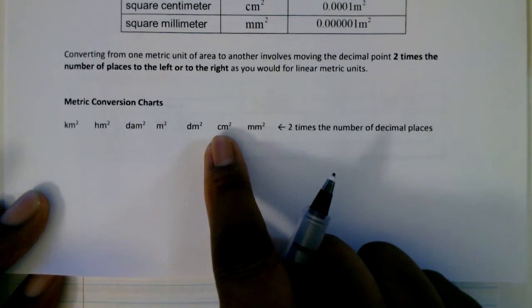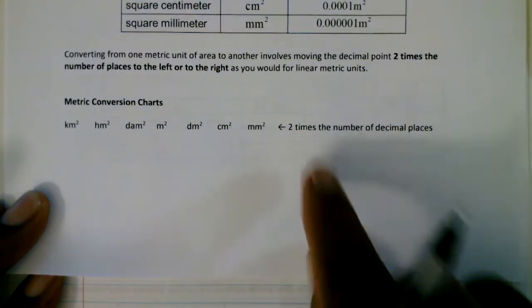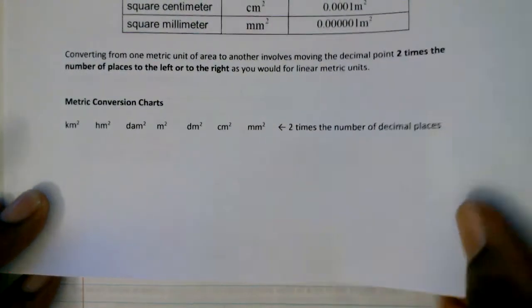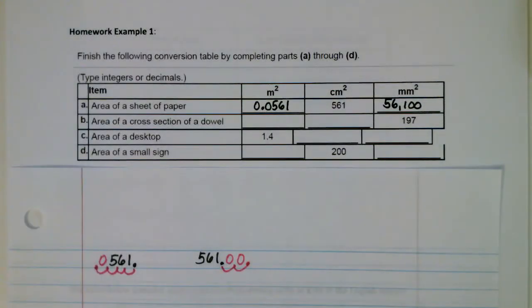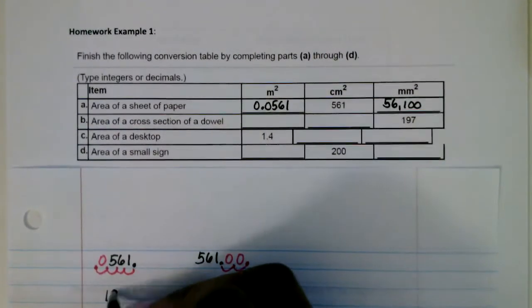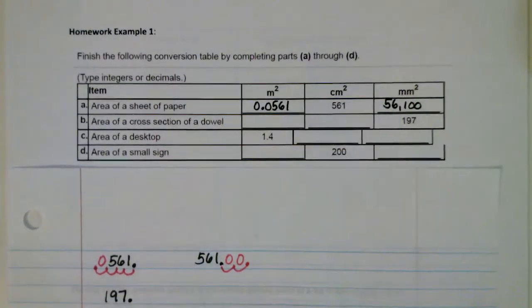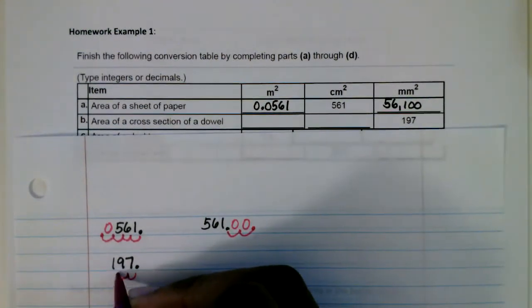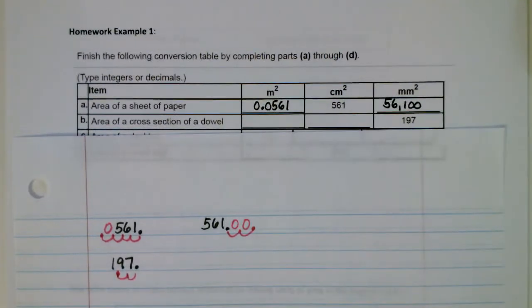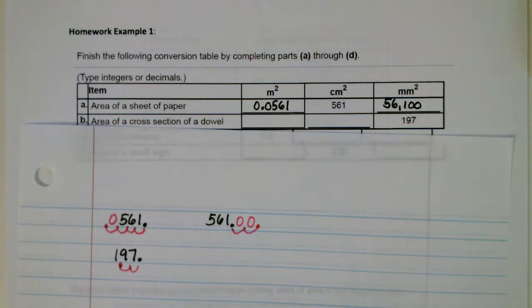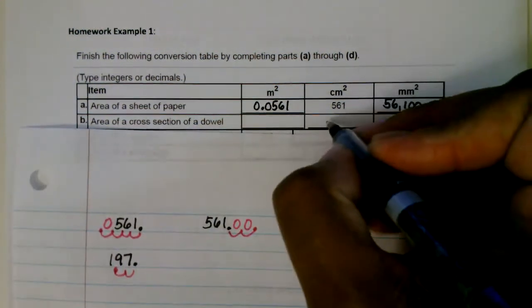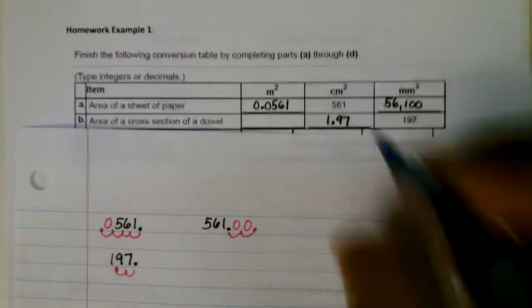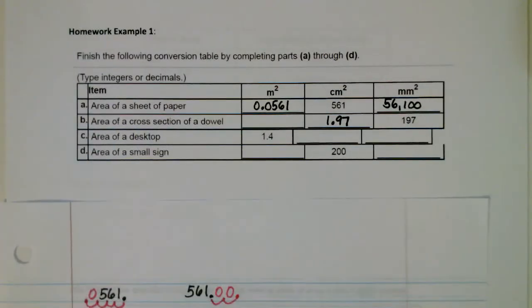Normally you move the decimal point 1 place to the left, but it's got to be 2 times that, so 2 times 1, which is 2. In 197, we need to move the decimal point, which is right here, 2 places to the left. So in this case, it will be 1.97, and that's going to be in square centimeters.